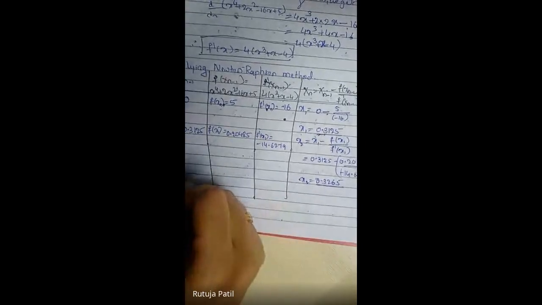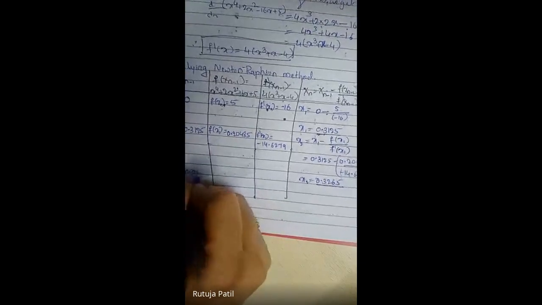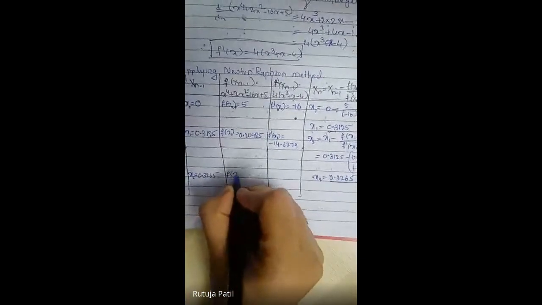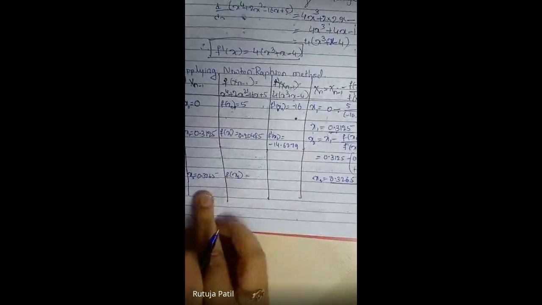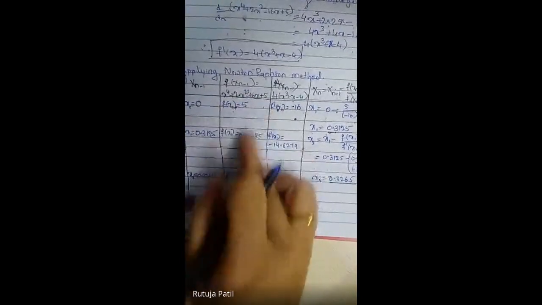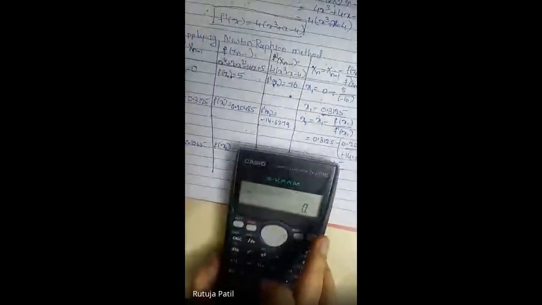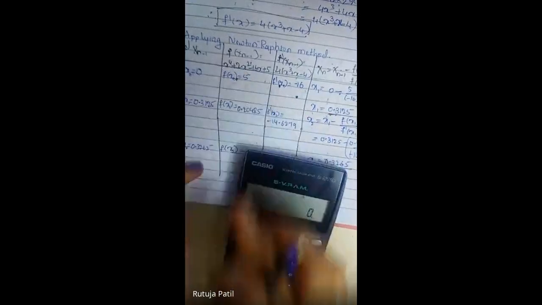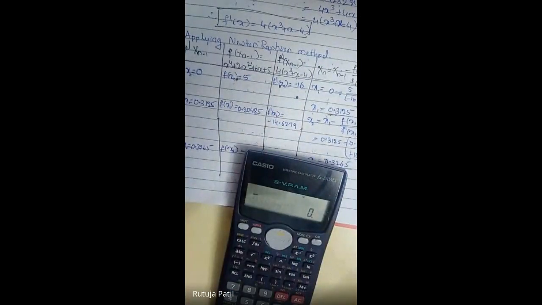That is this one, 0.3265, right? Now find the f of x2. Substitute this x2 value in this equation. Okay, so the equation is x to the power 4 plus 2x square minus 16x plus 5, right?